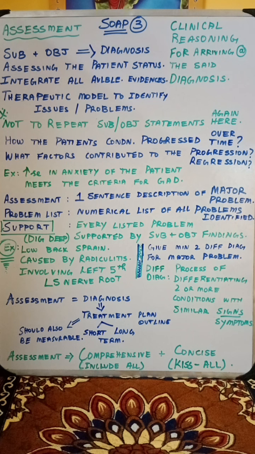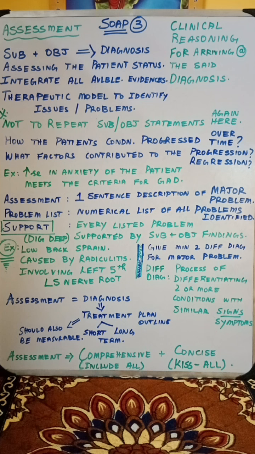For example, if I take a psychiatric case, there is an increase in anxiety of the patient, and this increase in anxiety meets the criteria for generalized anxiety disorder. This will be the final diagnosis statement. The reason is it meets the criteria for GAD. You are not saying it yourself. There are various criteria for generalized anxiety disorder which the patient's condition meets.